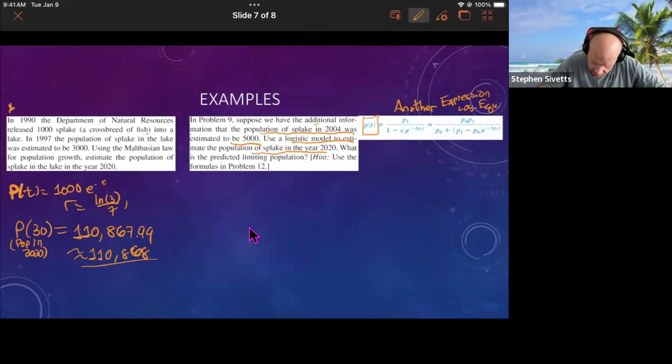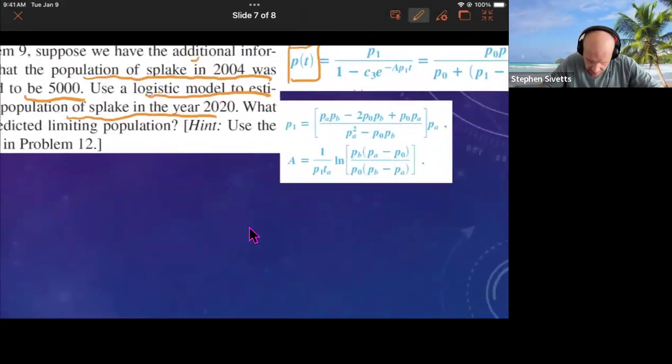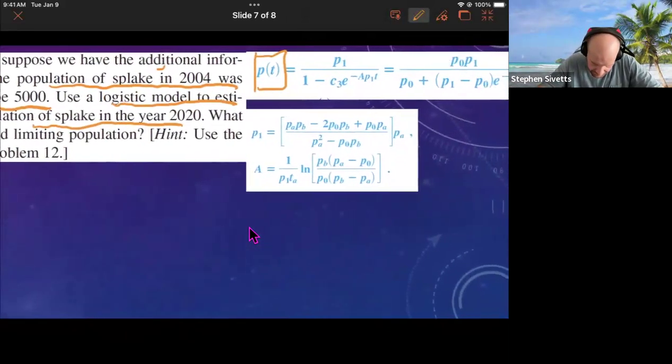And then to determine the A and the P1 in this case, you're going to use these formulas, okay?